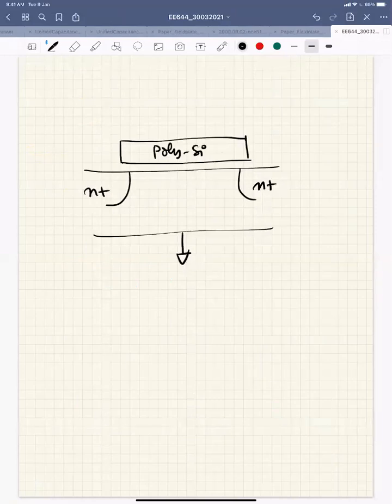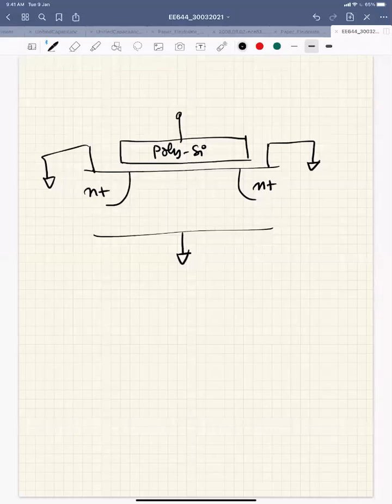We started with metal, with aluminum, but aluminum cannot withstand very high temperature. So we moved to polysilicon, which is highly doped silicon.